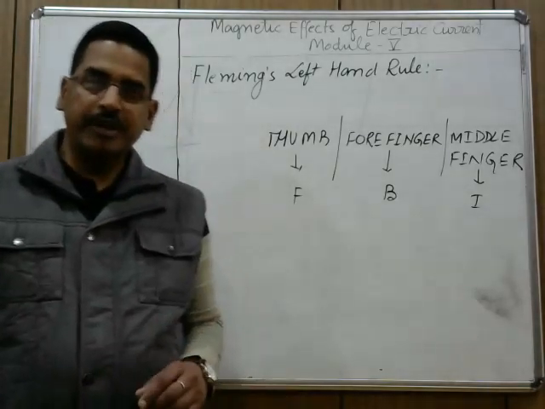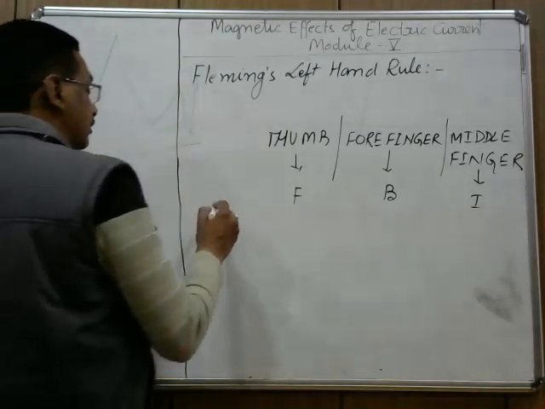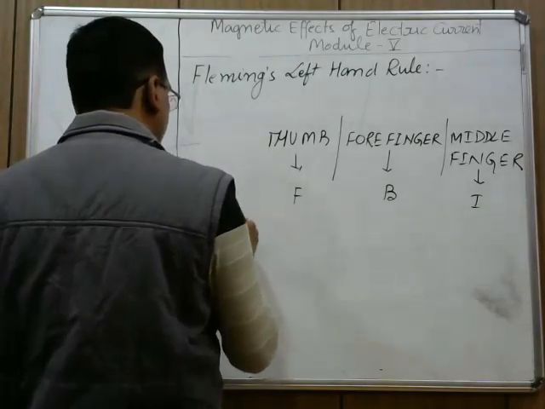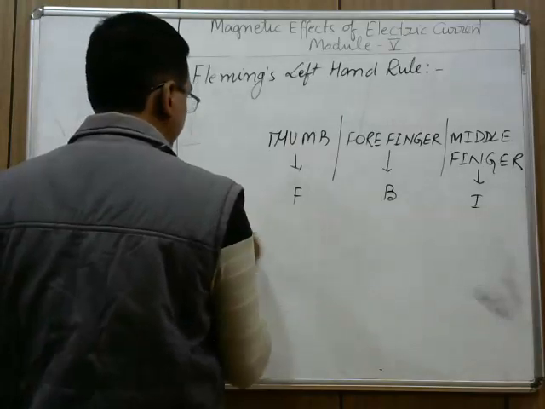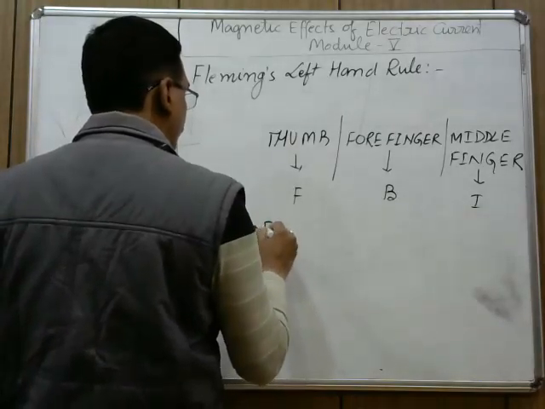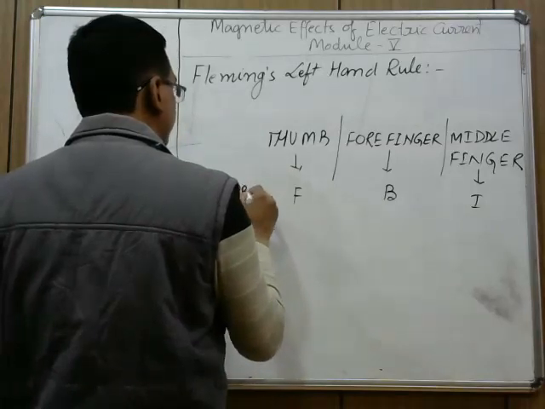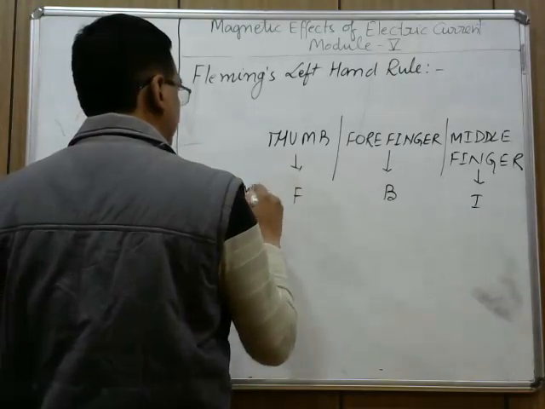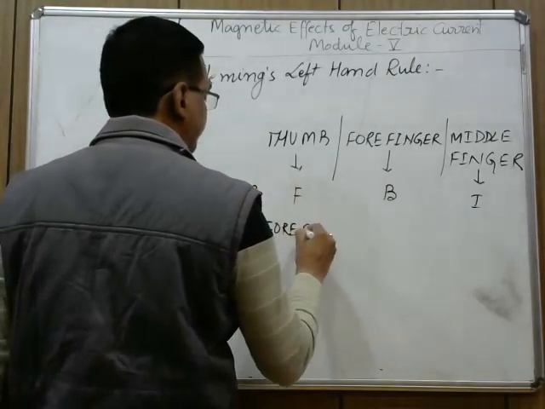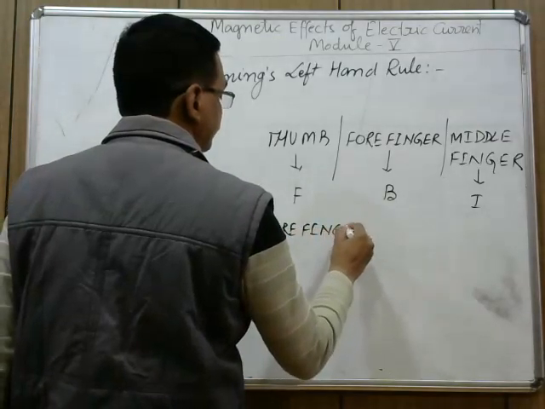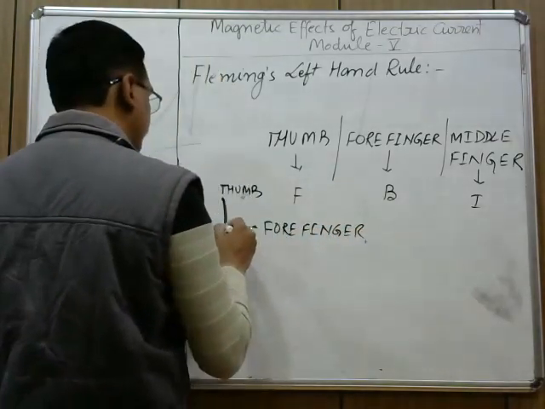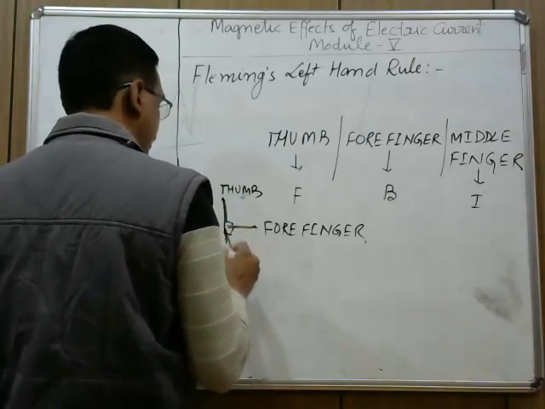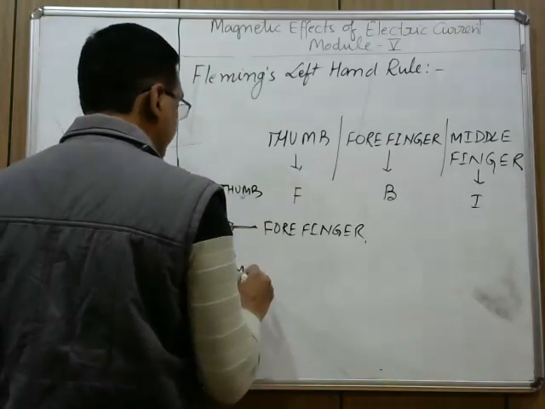Once again, to make you understand, thumb, forefinger and middle finger are all perpendicular to each other.